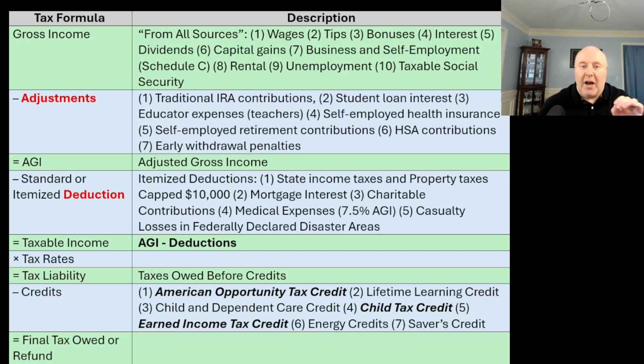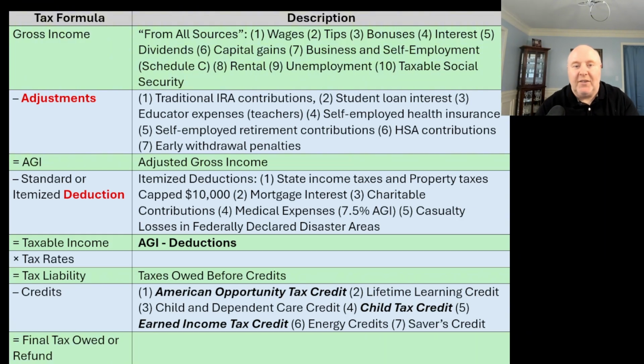Now, the adjustment, we sometimes call that the above the line deduction, right? Or we call it for AGI because it is used before we get to AGI, and it's going to be subtracted from our gross income in order for us to get to our adjusted gross income, our AGI.